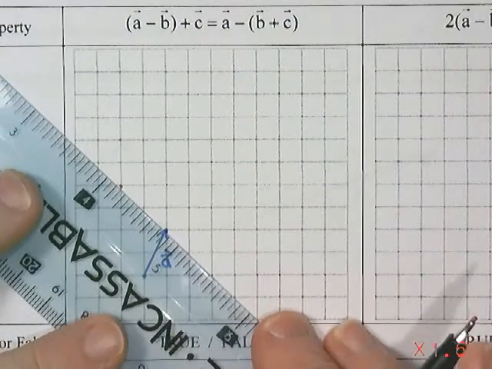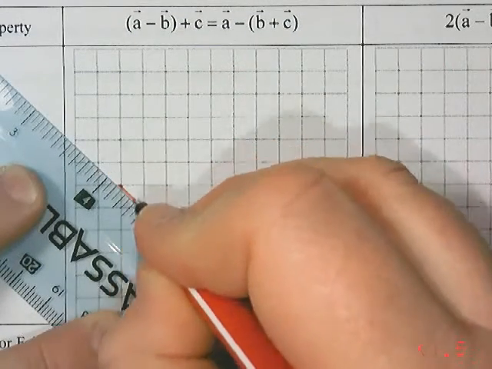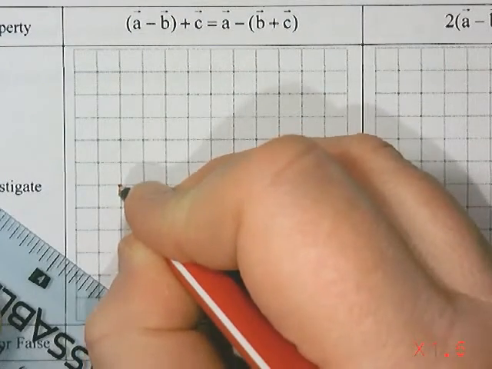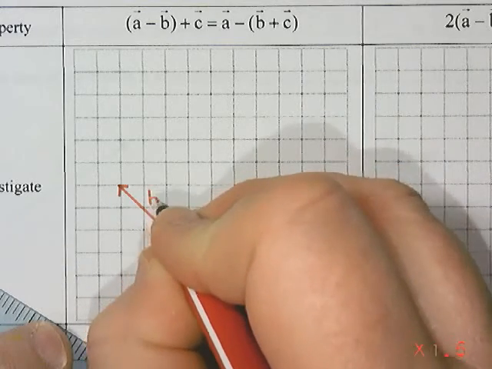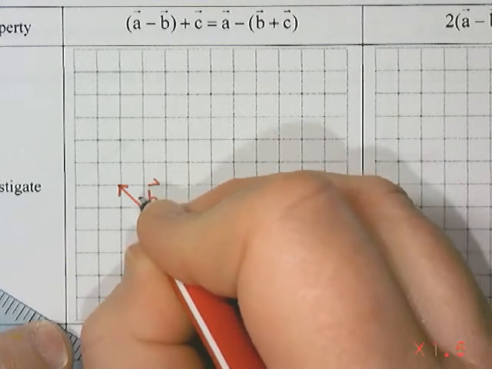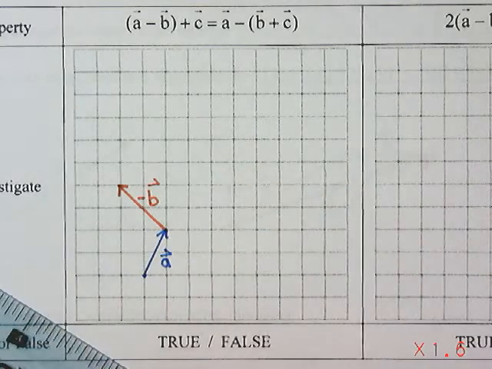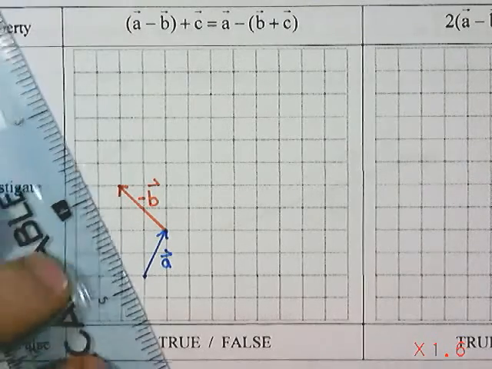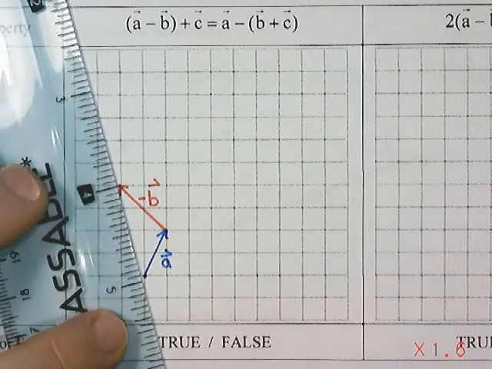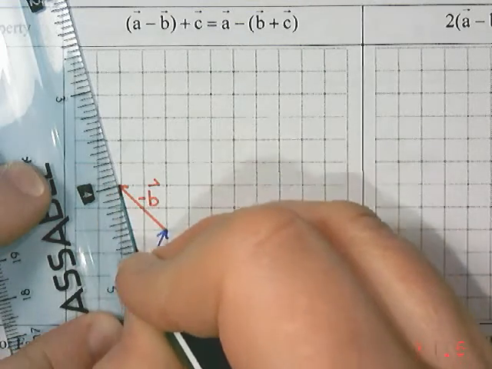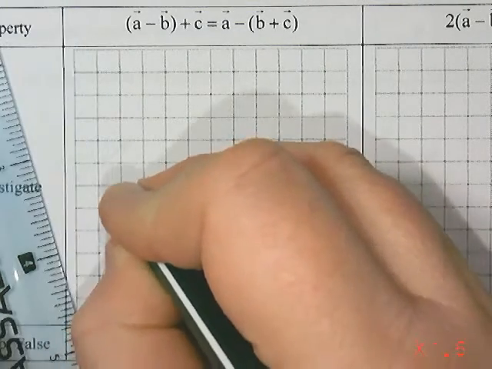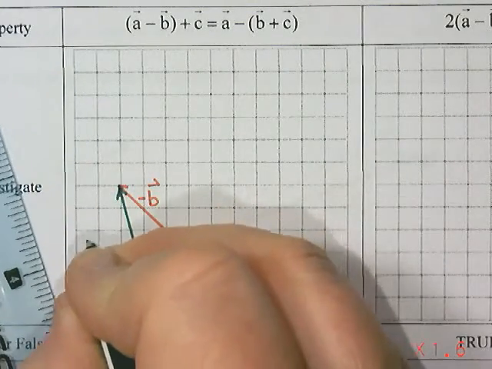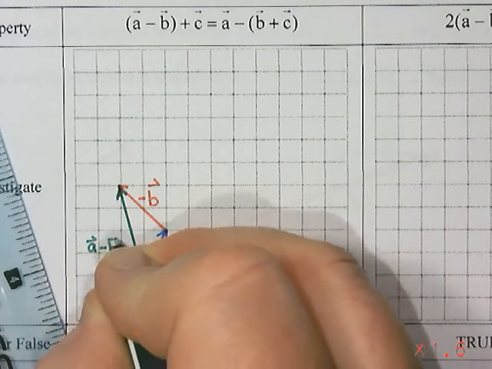And we always go the opposite direction when we subtract. So this is minus B. And I'm going to find the resultant for those because that's what it asks me to do first, is find A minus B. So this is A minus B.